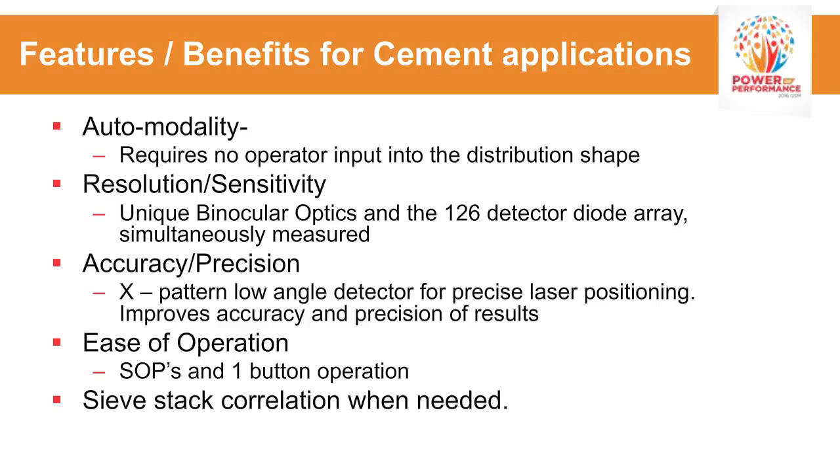This is very important for giving us that resolution and sensitivity to detect very subtle changes in distributions that one might have if the process changes, because you want to know when things change quickly, so you can make adjustments in your process to keep the desired particle size.